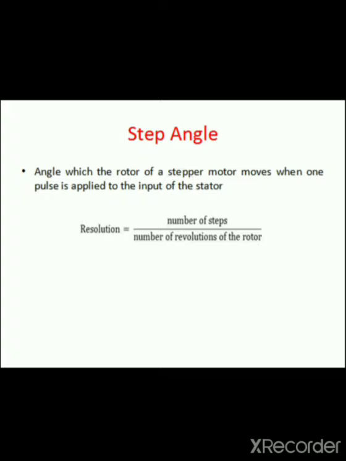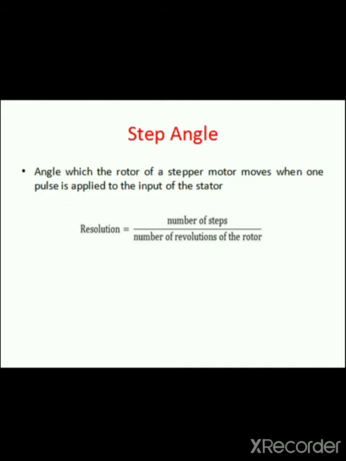So here, if the step angle is smaller, then the resolution will be more, and if the resolution is more, then the accuracy will be more.